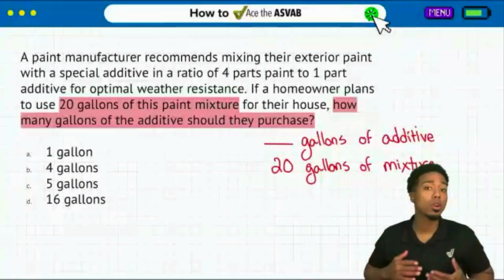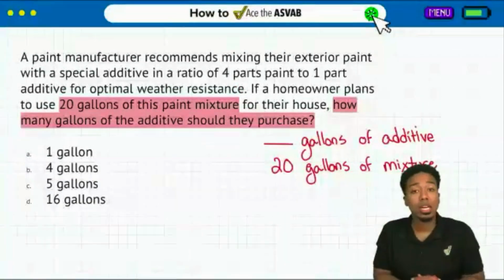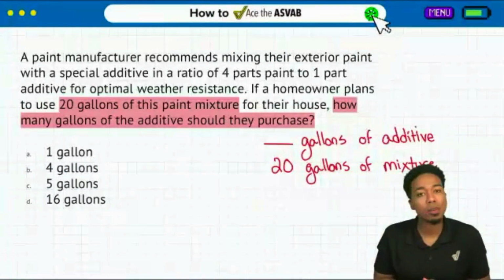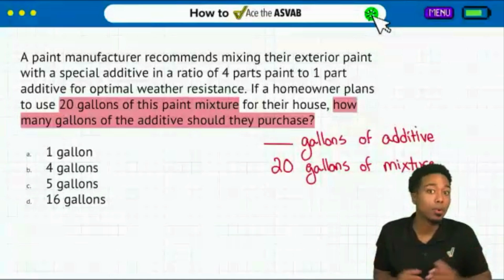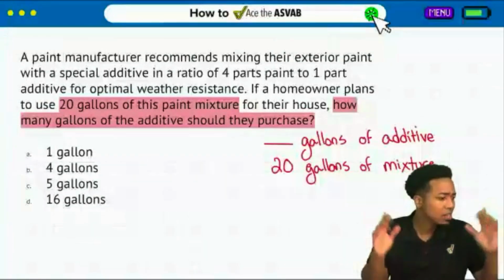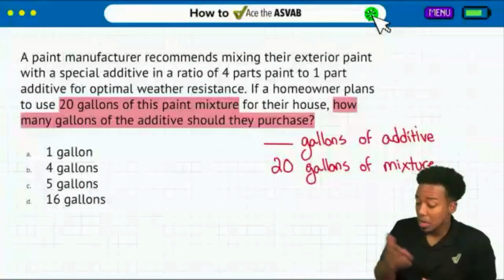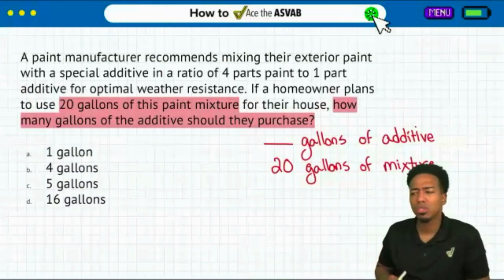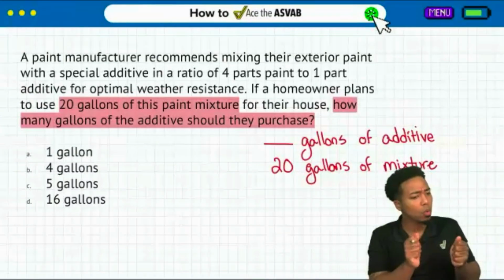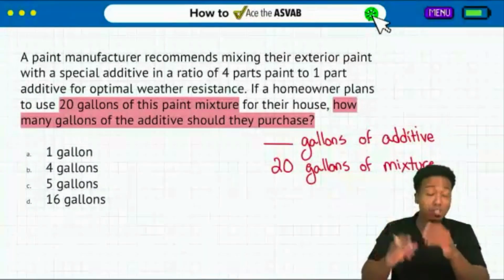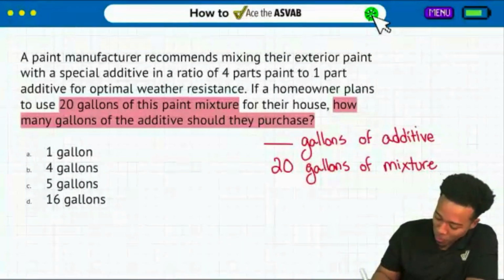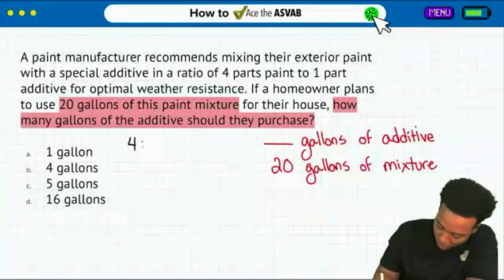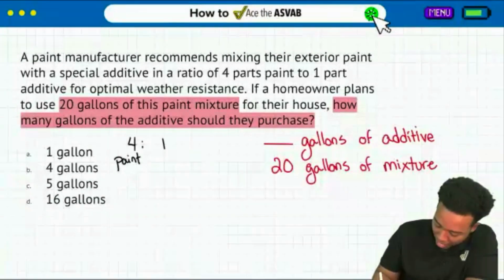Sometimes you want to mix the paint with something else to keep that paint there, because the weather or powers that be might take things out of the picture. So they're saying, whatever paint you use, 4 parts paint, 1 part of this additive, your house is going to be safe. Let's write that down: 4 parts paint to 1 part additive.